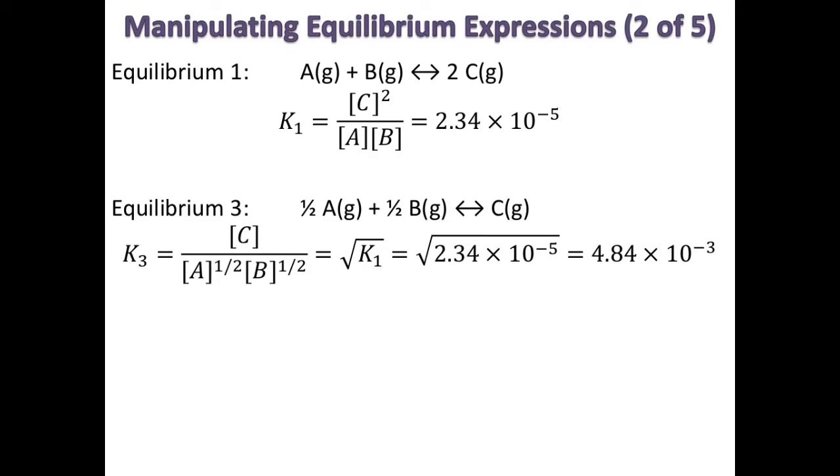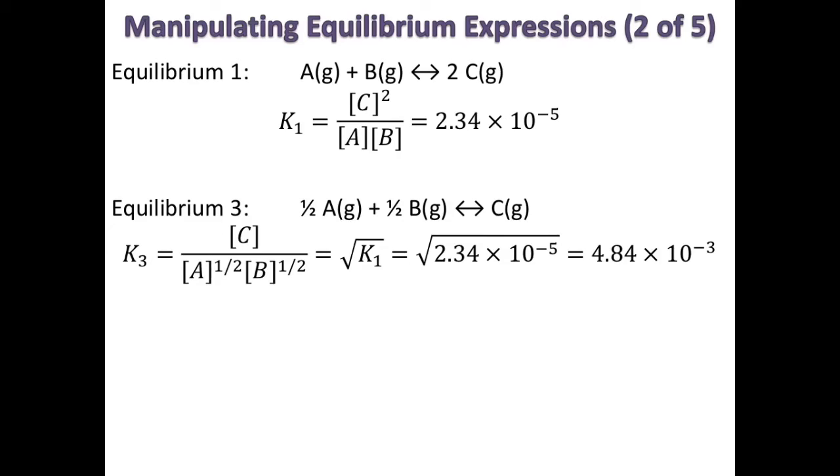In this next manipulation, we want to have 1 molecule or 1 mole of C produced rather than 2. So we divide the entire equation in half.